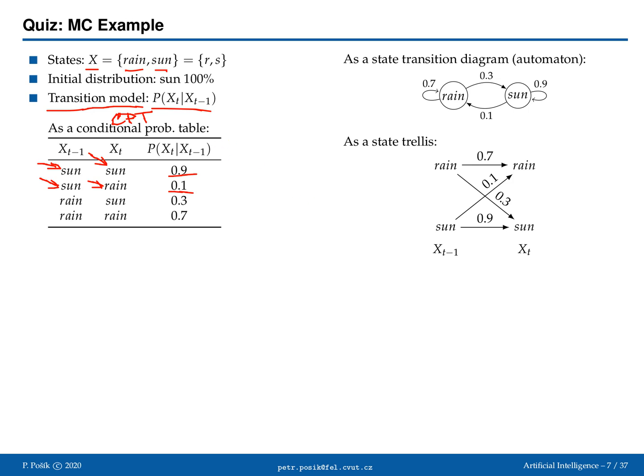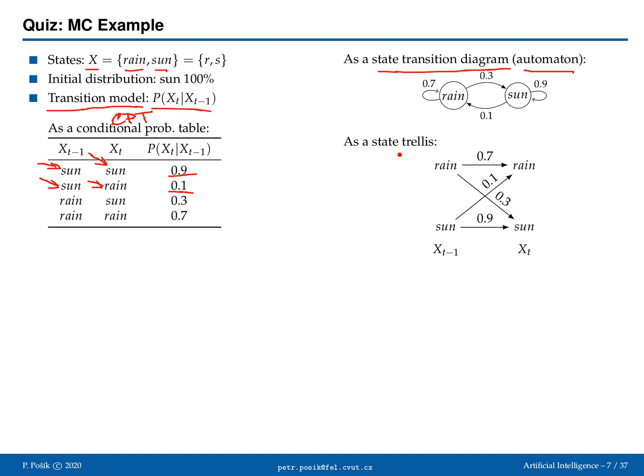The same information that is encoded in the conditional probability table can be described by this state transition diagram, where we describe the whole process as a kind of automaton. You specify the possible values here, and the transition probabilities are on the arrows.